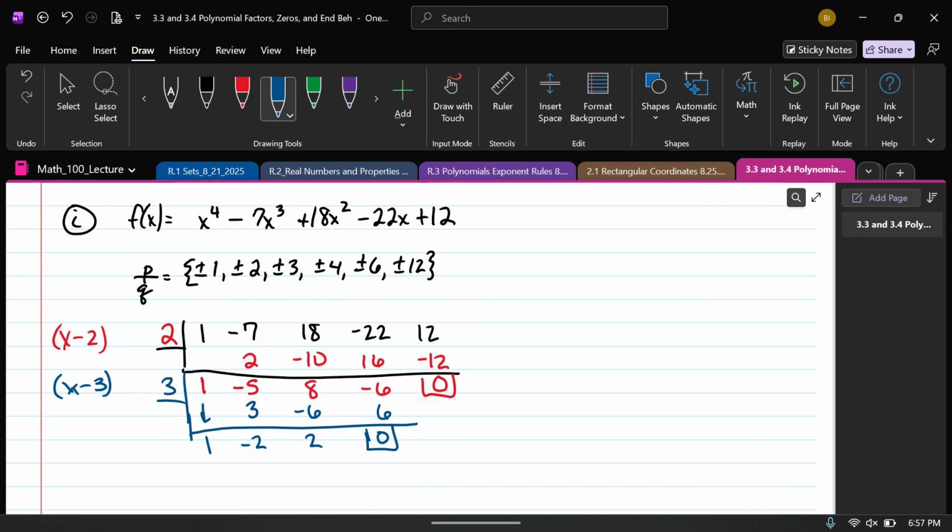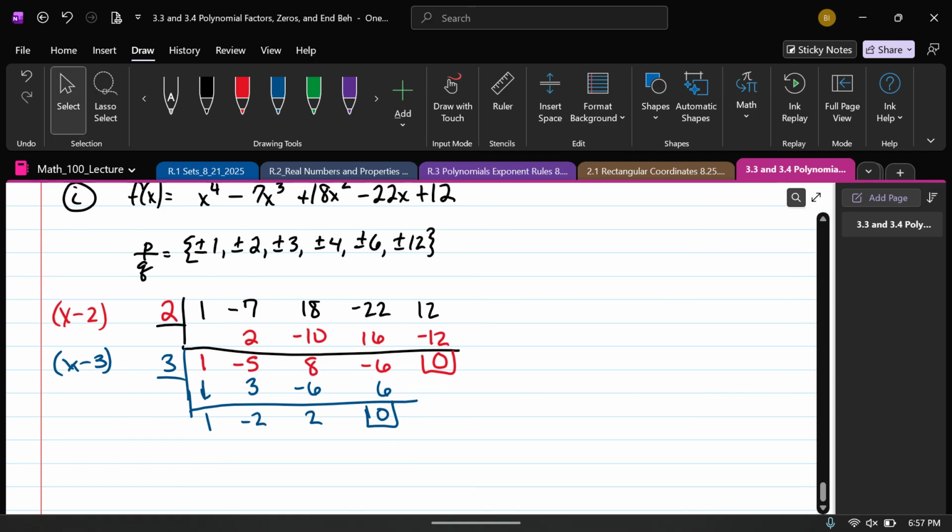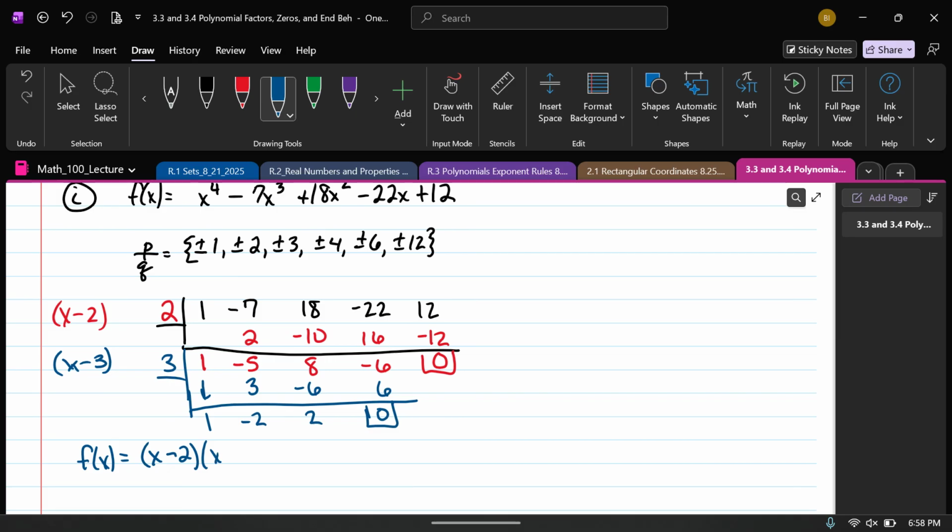Okay. So the factored form of my polynomial now is x minus 2, x minus 3, and then I have x squared minus 2x plus 2. And I'm going to try to factor that using the x method.